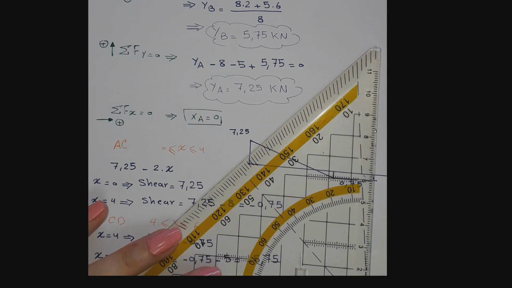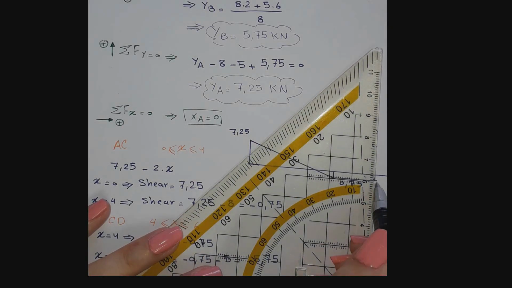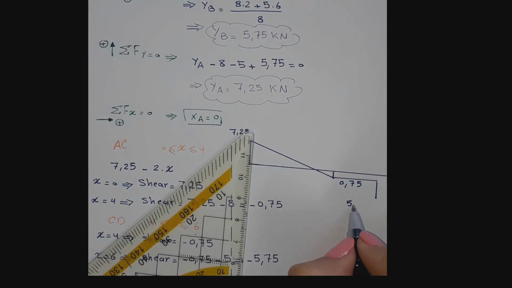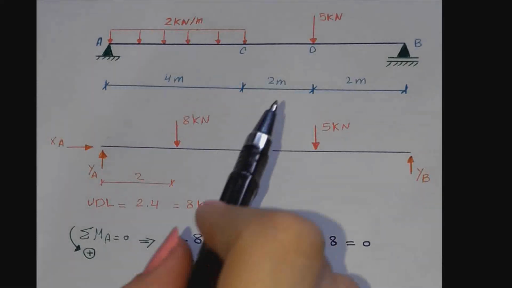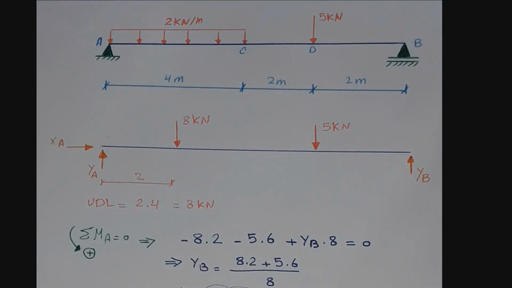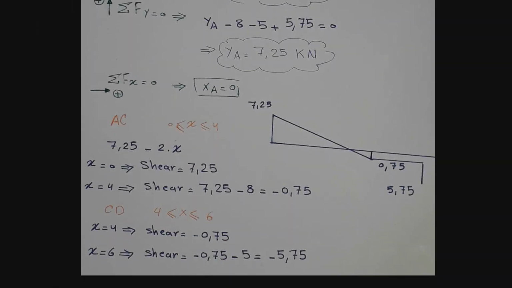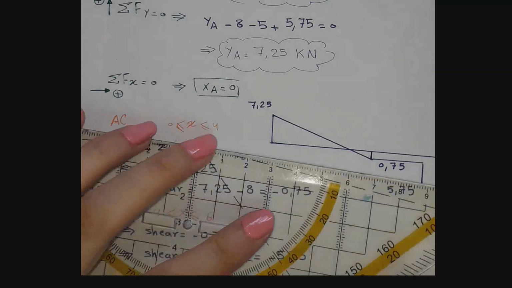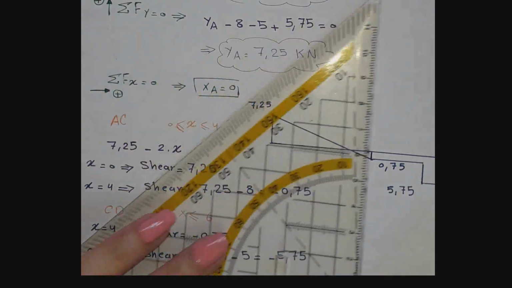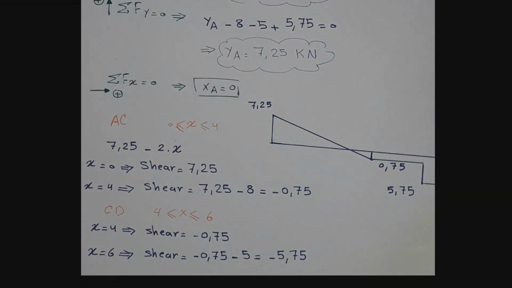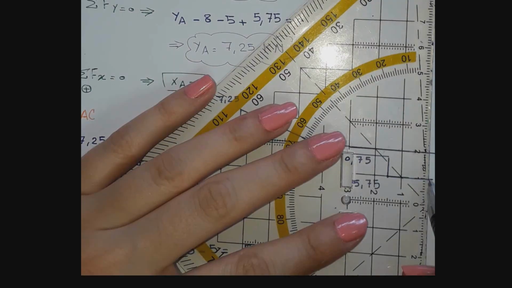Then at point D, shear drops to minus 5.75. Between D and B, there are no shear forces acting until we reach B, where the support reaction will close this shear diagram. So we close the shear diagram.